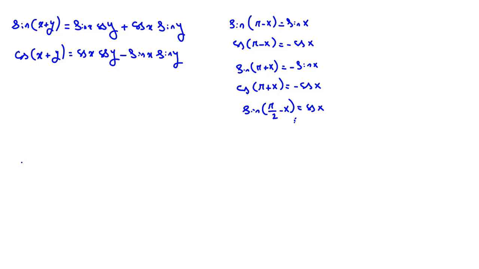Okay, next formulas are sine a cos b equal to 1/2 times sine a plus b plus sine a minus b.